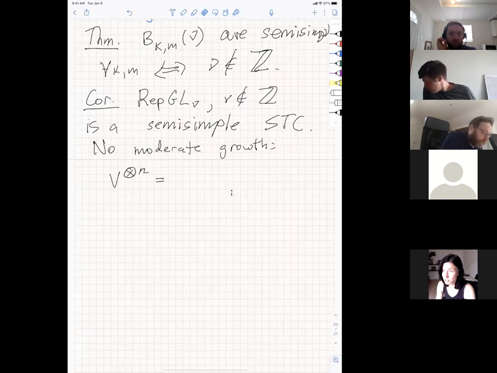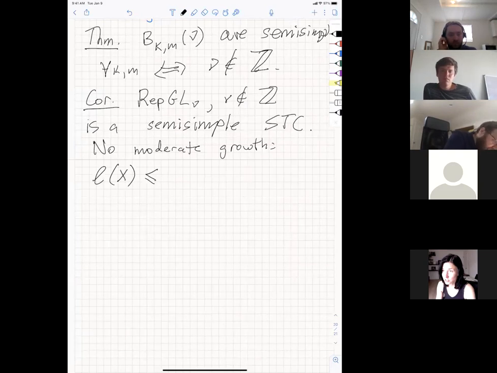First of all, the length of every object. It's clear that the number of summands in every object does not exceed the square root of the dimension of the endomorphism algebra.